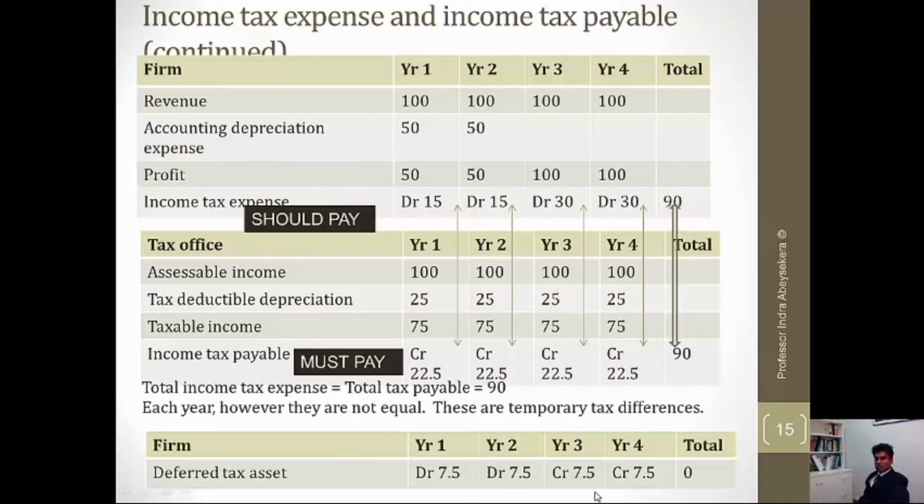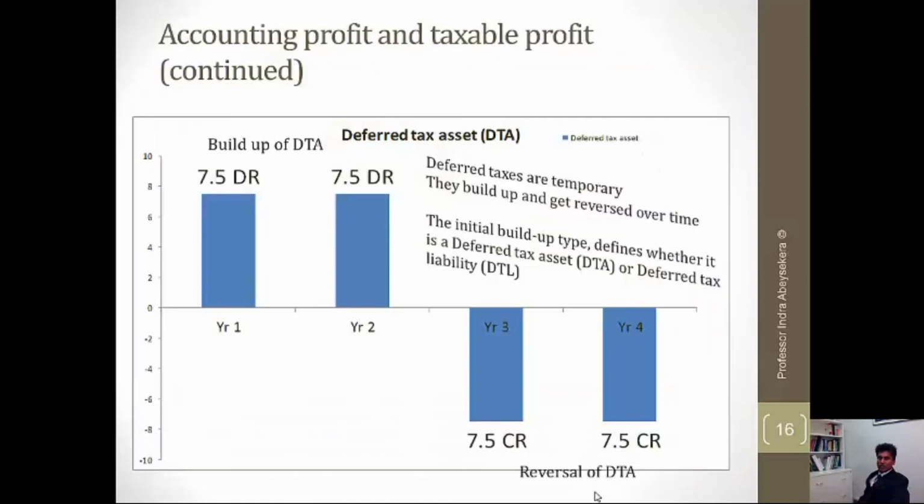So this is a temporary difference. Here's this in a graphical form. Deferred tax asset builds up and it gets reversed.